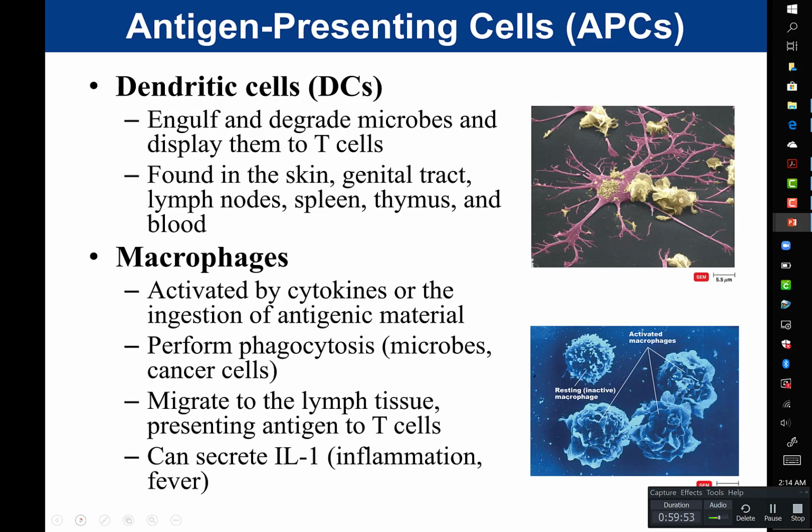They will then migrate to the lymph tissue and present the antigen to the T cell. Again, macrophages will also secrete interleukin 1. Interleukin 1 stimulates inflammation and fever. It also activates T helper cells. And so these are two types of antigen-presenting cells.